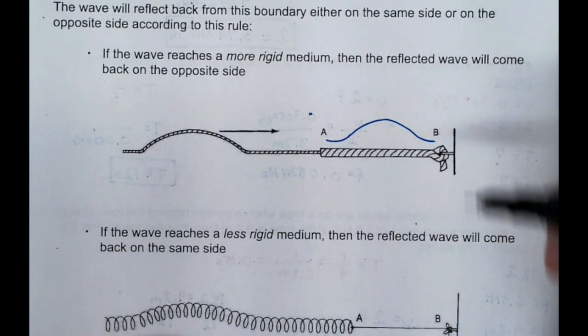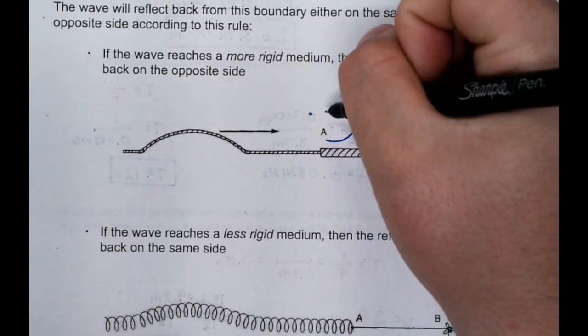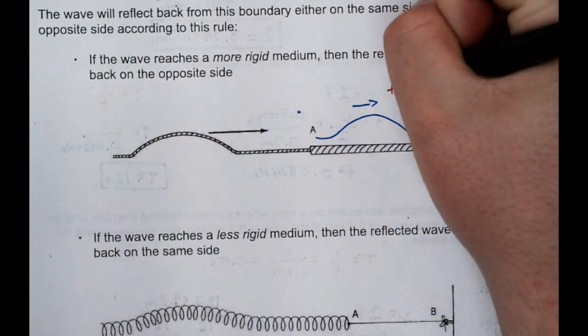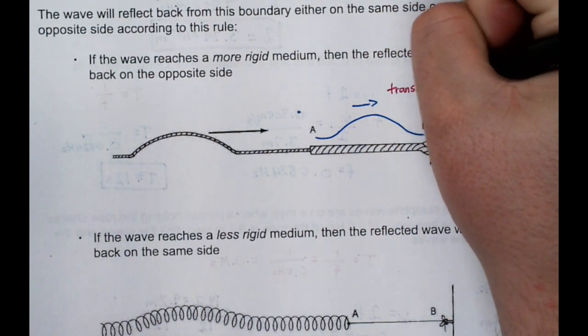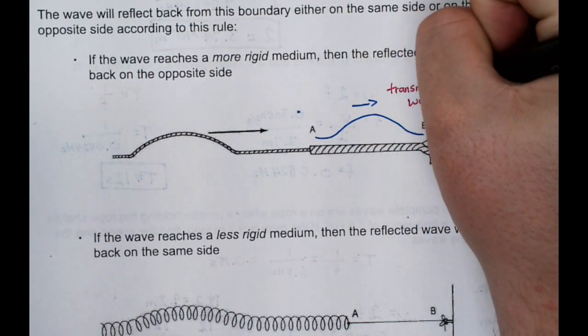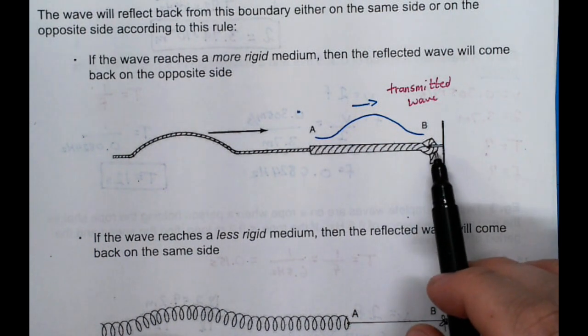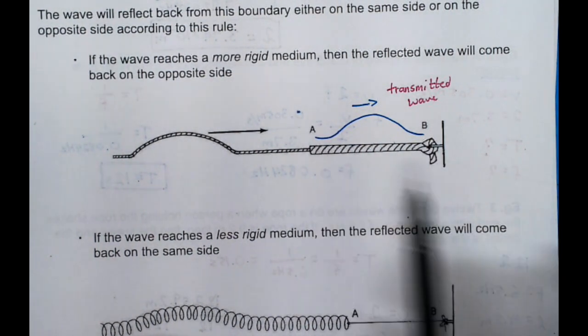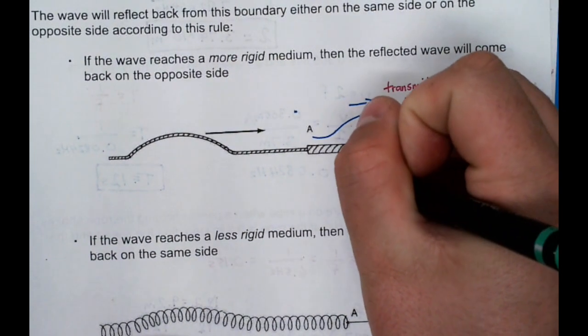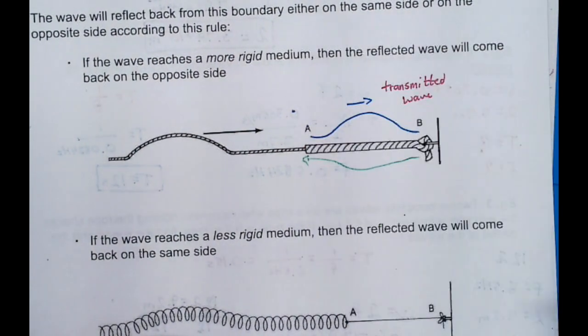The rest goes and hits a fixed point and is reflected, inverted. So this wave is now on the other side, going down. This is called a reflected wave, and in this case, it is inverted.